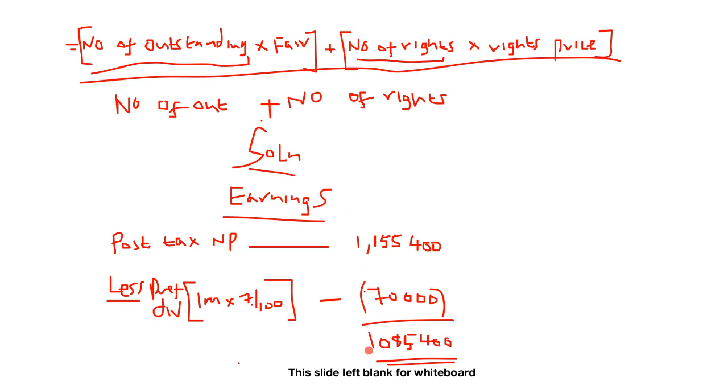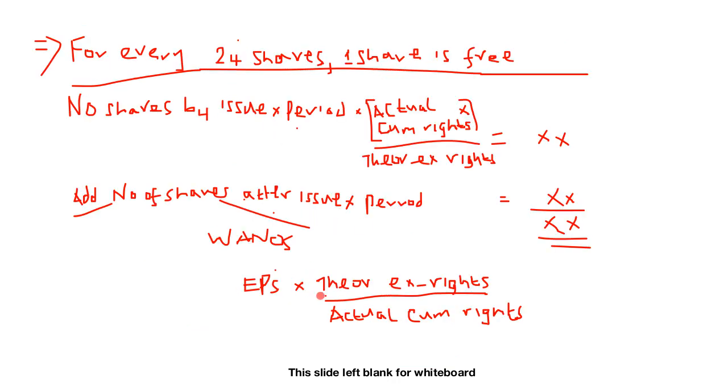When you are adjusting the earnings per share, you take the earnings per share for that particular period, which we have found out as 24 cents, times the theoretical ex rights price and the actual cum rights price, which we also have.